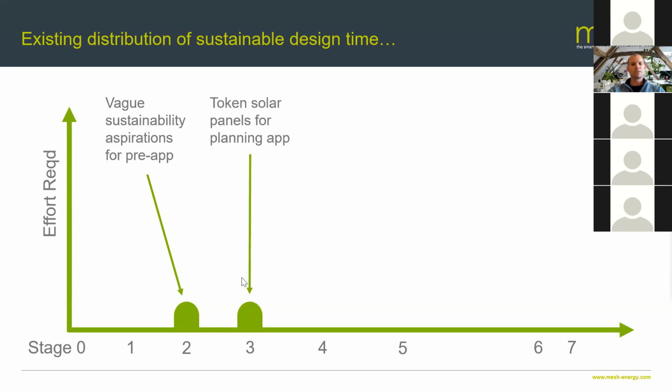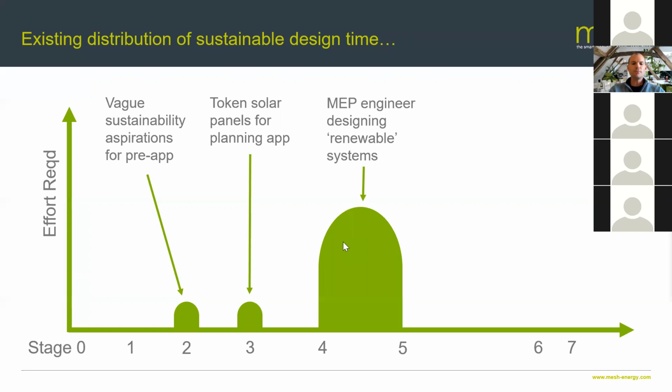There may be one pre-commencement condition there. So you say to the planners when you go in for planning, yeah, we'll stick some solar panels on, it'll be fine, and pretty light touch. What then often happens is it gets planning, and during the detailed design phase and prior to construction, there's a lot of onus put on the MEP engineer, the mechanical and electrical engineering team, to design the renewable systems.